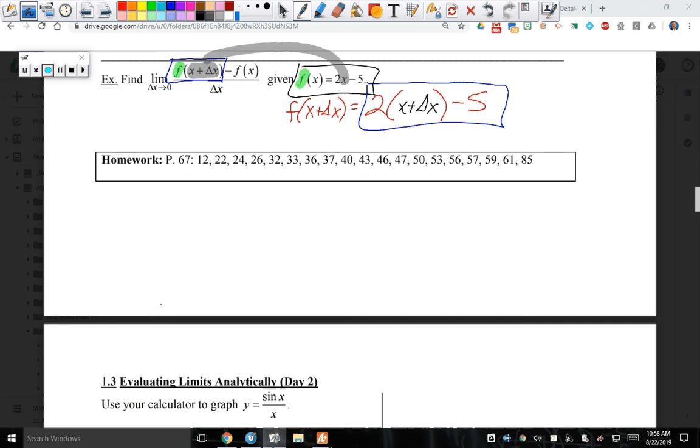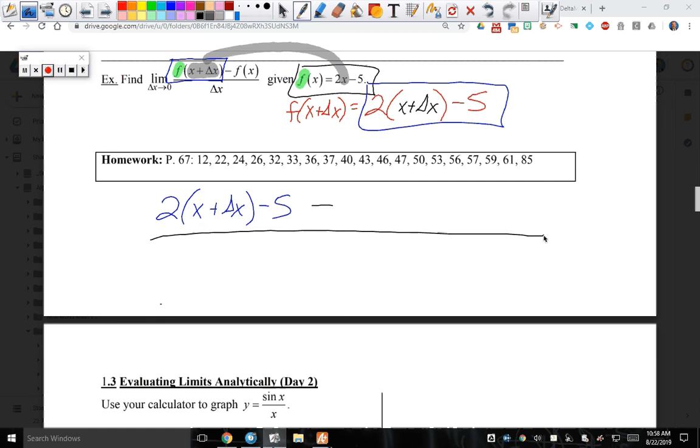And back when I was your age, it took me like 10 problems to finally figure that out. Okay? All it is you're just putting in an input. That's all you're doing. Don't make it more difficult for yourself. Okay? Now, so let's write that over here. 2x plus delta x minus 5. And it's going to be subtracting something over delta x. Notice my color coordinating to help you see it.